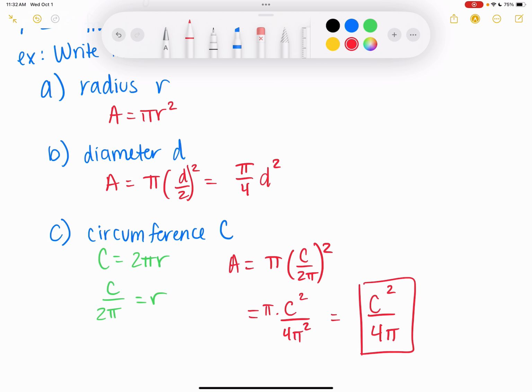So that would be area as a function of circumference. So this is 3 different ways to find area depending on what information we are given.